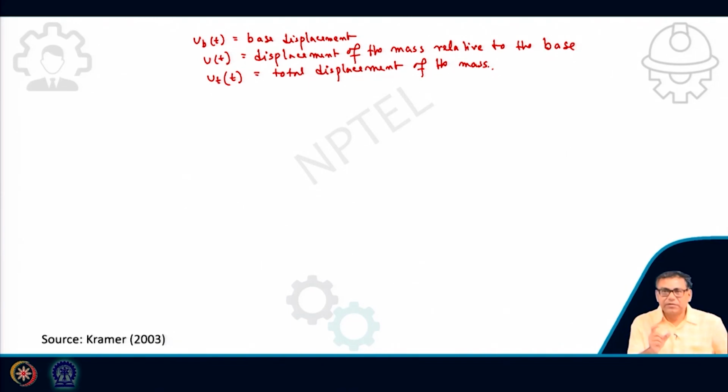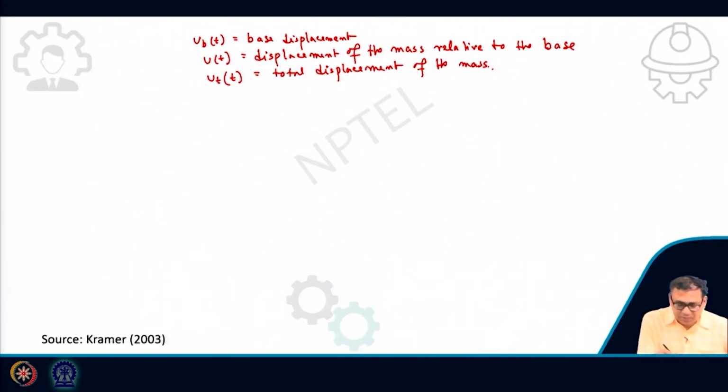So, the viscous damping force and the elastic spring force depend on the relative displacement and the relative velocity, but the inertial force depends on the total acceleration.